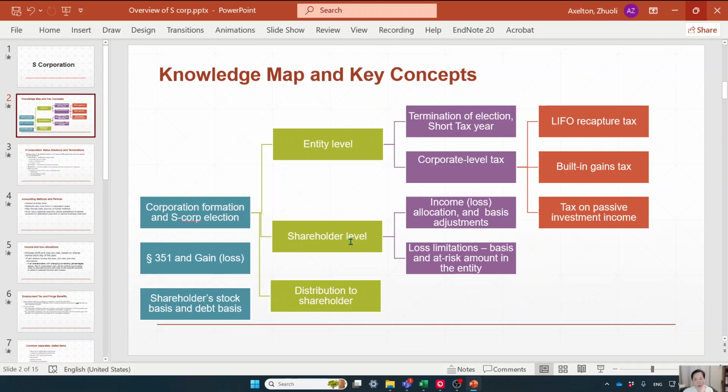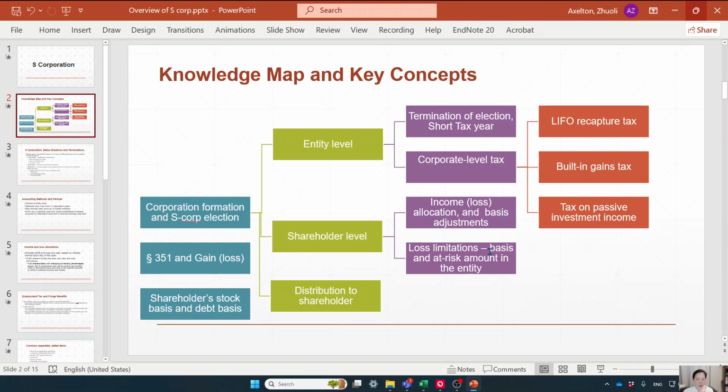And at the shareholder level, similar to the flow-through entity partnership and 1120S, there will be income and loss allocation, and the basis adjustments are required to be updated every year. Consider the income and loss allocation. And the loss limitation rules still apply, similar to the partnership: the basis and at-risk amount.